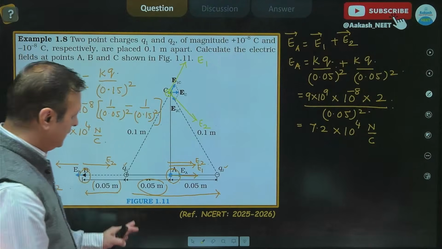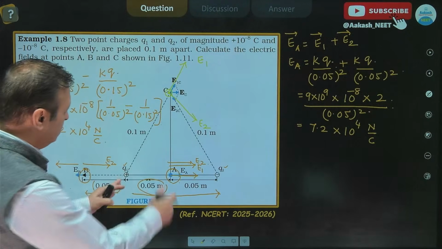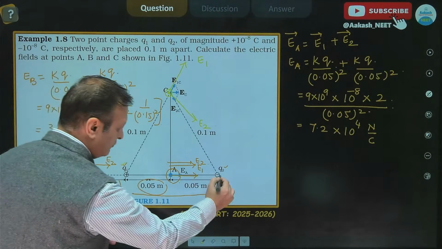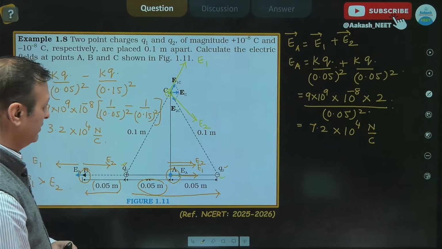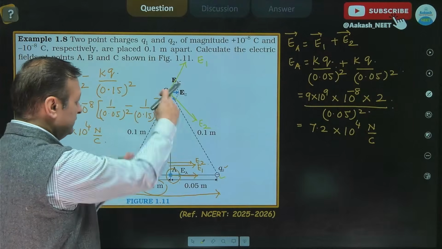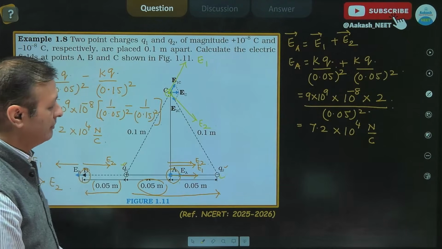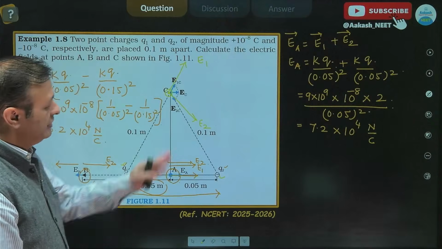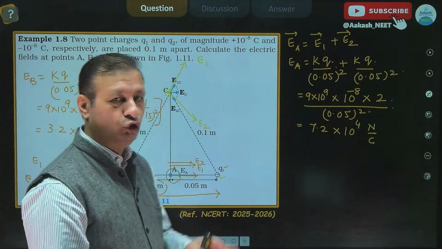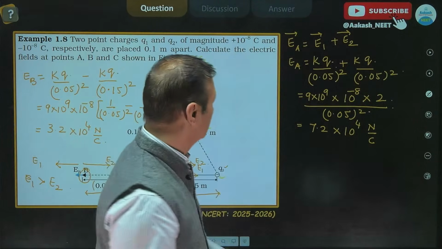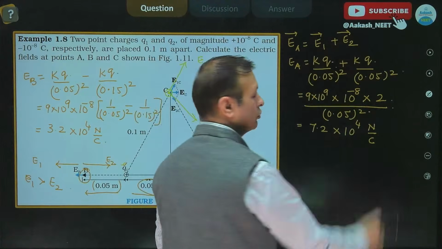Now, in terms of magnitude, these charges are the same. This separation, this R, 0.1 meter, is the same for both. So E1 and E2 are numerically the same, as we observed in this situation also.